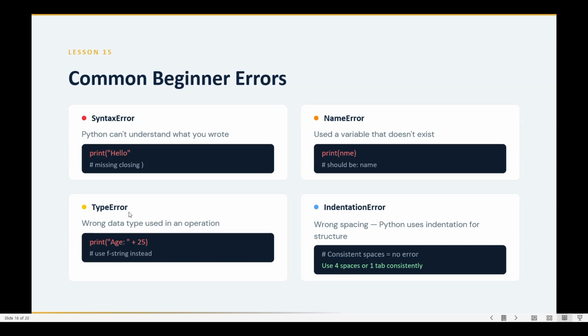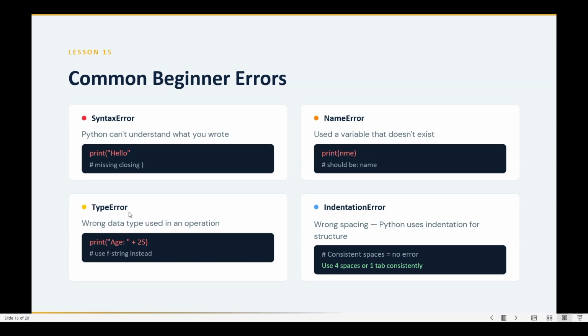Type error occurs when a wrong data type is used in an operation, or in a function. Like in the print function, plus sign is used for concatenation of strings, but here they have written 25, so that error has occurred.